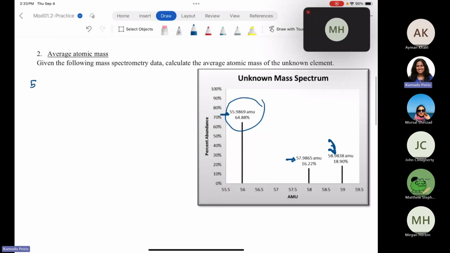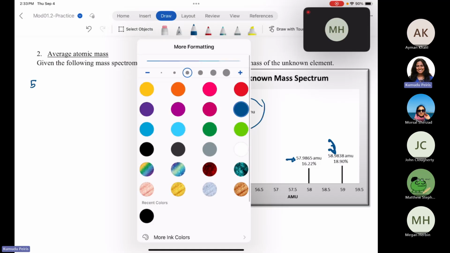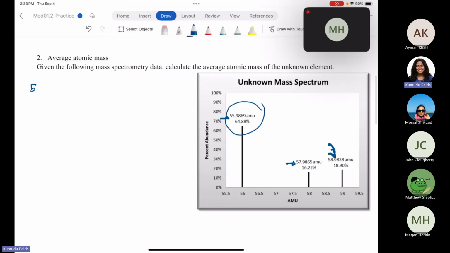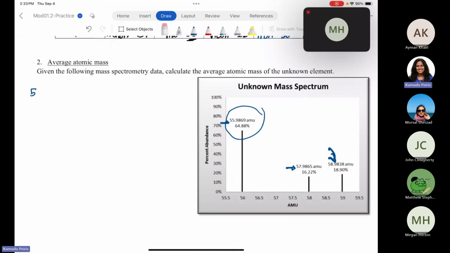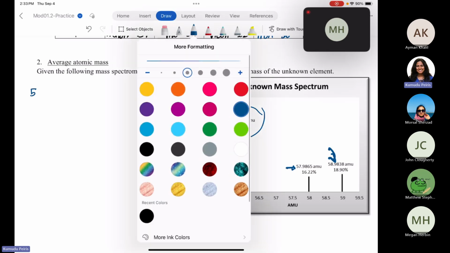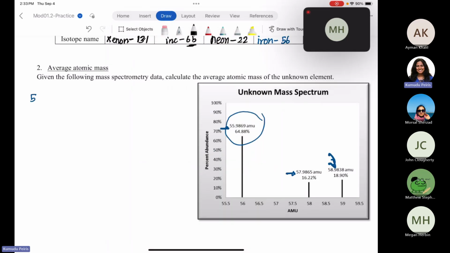55.9869 times 64.88. For the percentage, you divide that by 100, or you can just say 64.88 divided by 100.